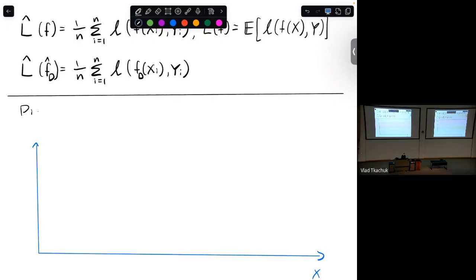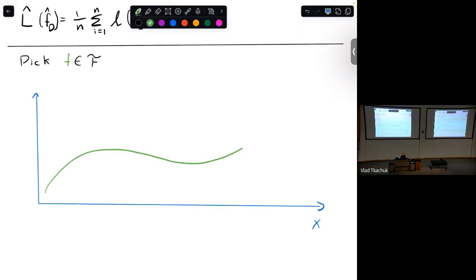Pick some function in your function class. So let's do that. Let's pick the function. Pick any function. You pick that first. And then you need to gather your data.